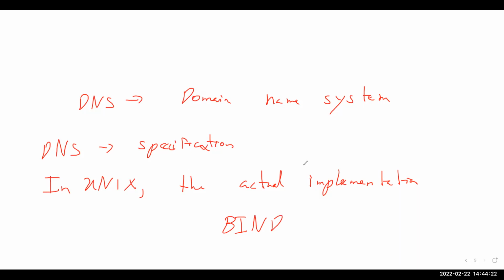Now, because the DNS system is a distributed system, BIND has to do two things. It has data called zones, which is the mapping data, let's call it.